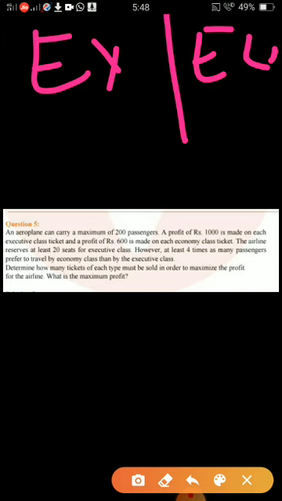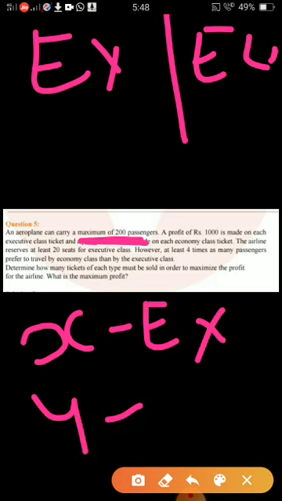Now, is it given that an aeroplane can carry a maximum of 200 passengers? So the maximum the aeroplane can carry is 200 passengers. This problem we cannot write directly by our column method. Directly you can write it as inequalities. So I take x as the number of passengers who prefer executive class and y as the number of passengers who prefer economy class.